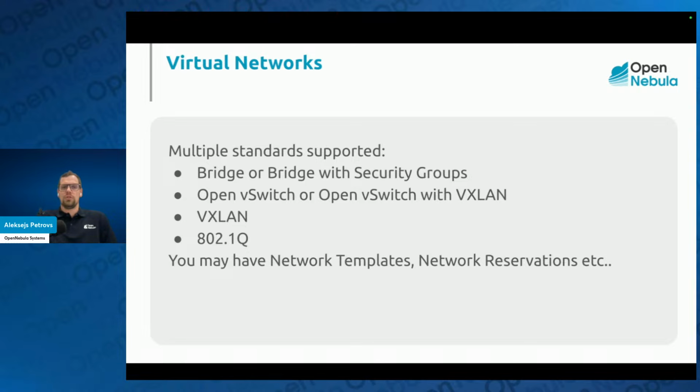So for that, we have virtual networks functionality, and OpenNebula supports different standards that are very common across data centers, but not only data centers, across home users, across the enterprise, and across public and private cloud. So these are pretty much the standards that you can find.